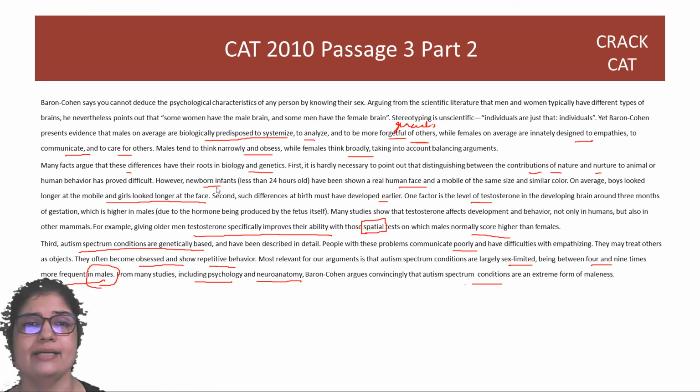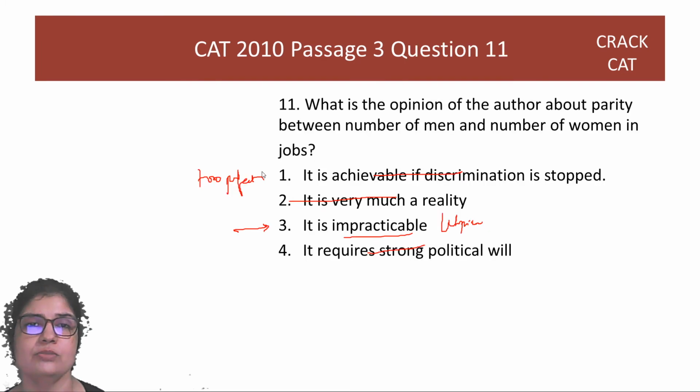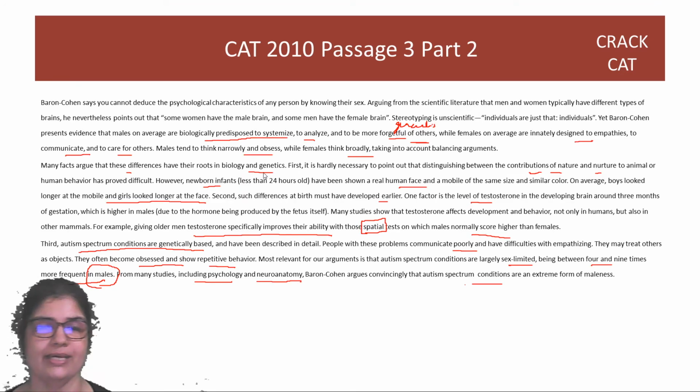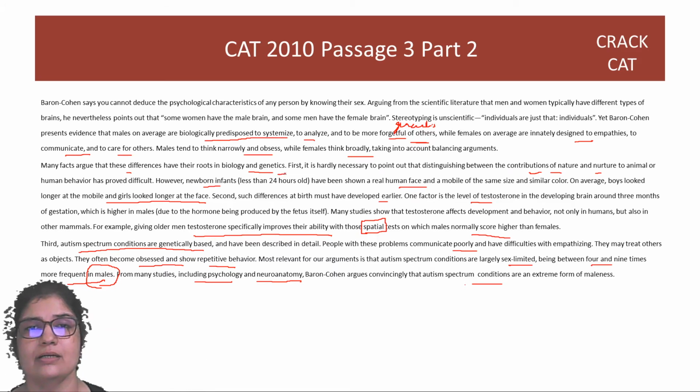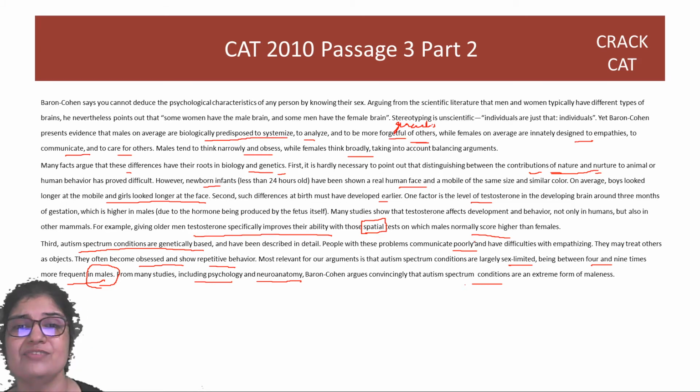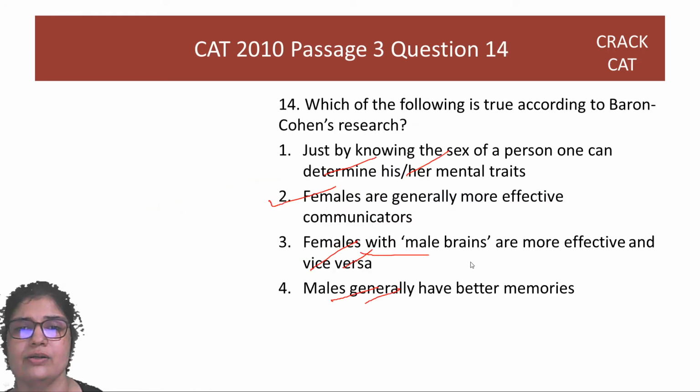So if you see, right, have the roots in तो genetic mention किया है ना, biology and genetics वो mention किया है here. Okay, it is distinguishing between contributions. This is also not possible. So nurture plays a role, बट फिजिकल फीचर तो कहीं नहीं मेंशन किया है. So that is your answer.